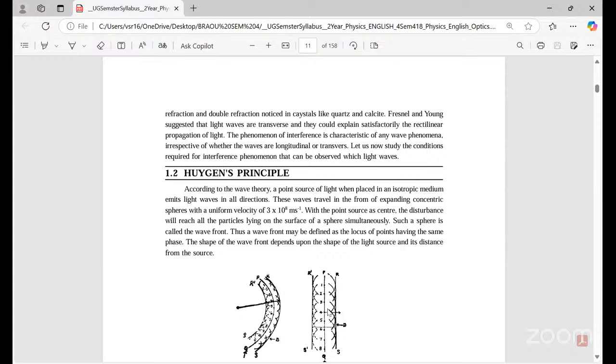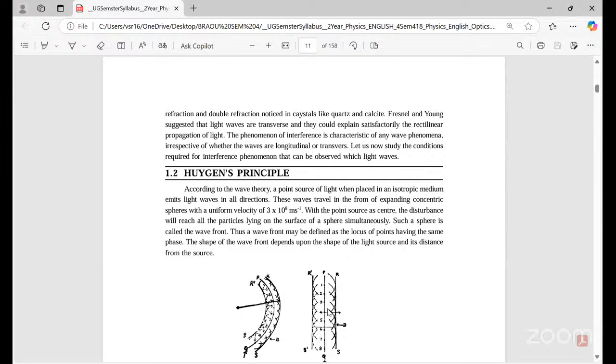But you need to notice that the emerging extraordinary ray as well as the ordinary ray are both parallel to each other when these two rays travel through a crystal, either quartz or calcite, whatever it may be.